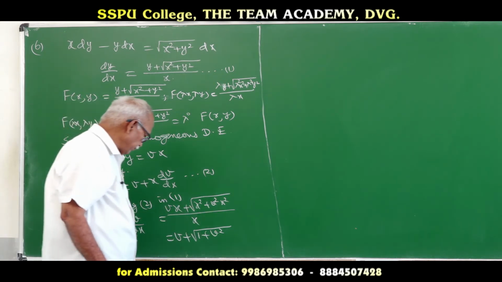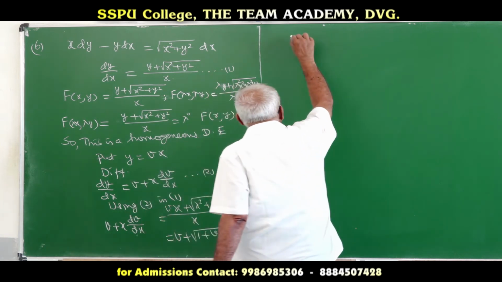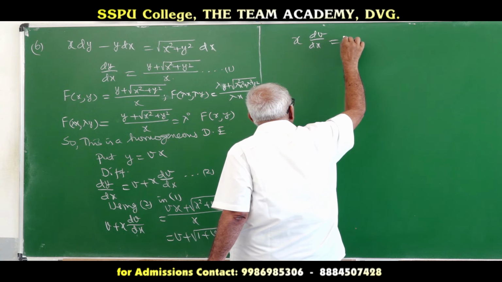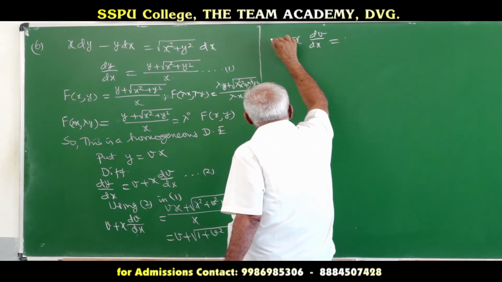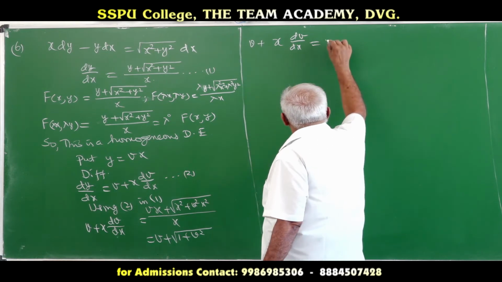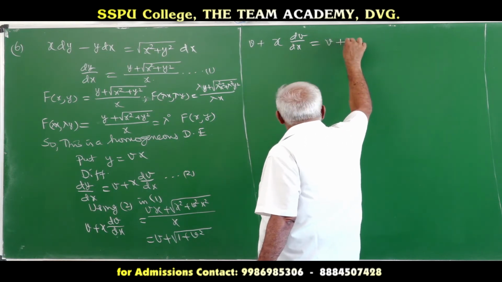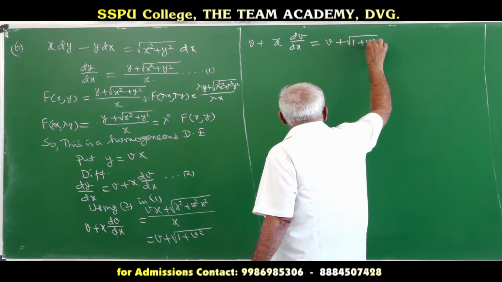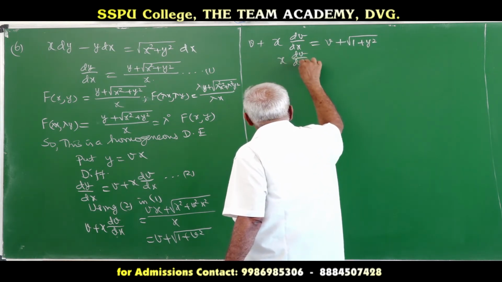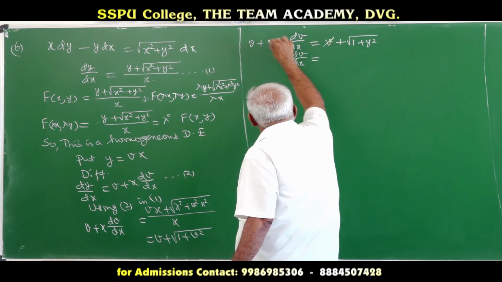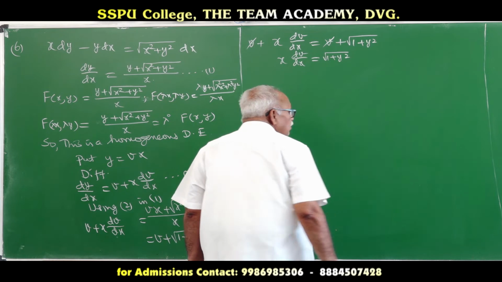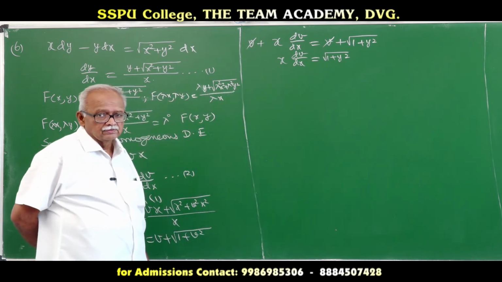Now, this leads to v plus x dv by dx is equal to v plus square root of 1 plus v square, or x dv by dx is equal to, v cancels, root of 1 plus v square.